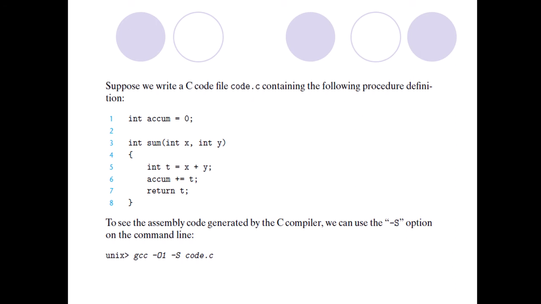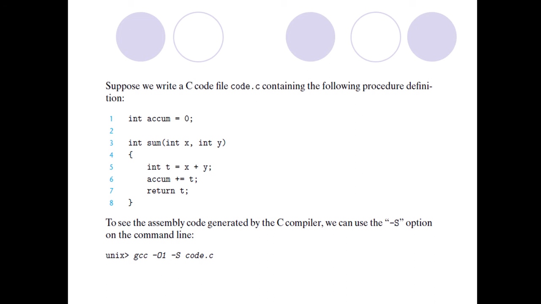So this is code related to the simplest processing. For example, you need to add two numbers. Initially the accumulator is 0. In sum, we have defined two variables x and y. Now int t is equal to x plus y.